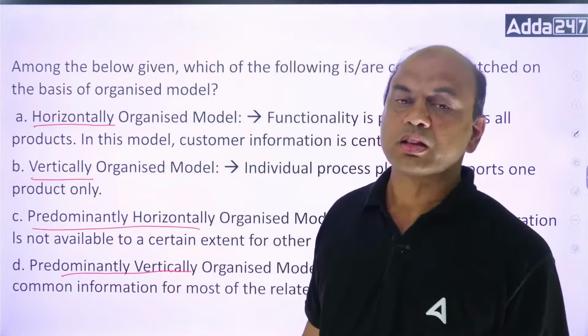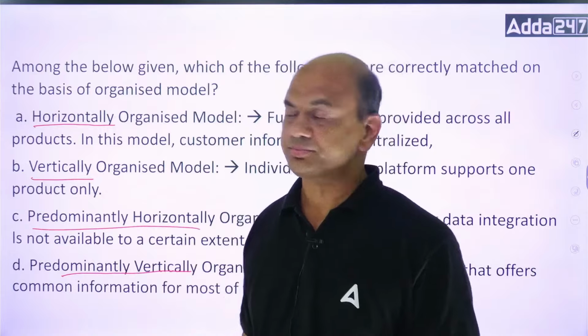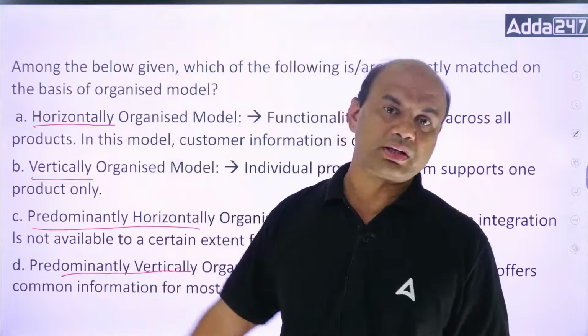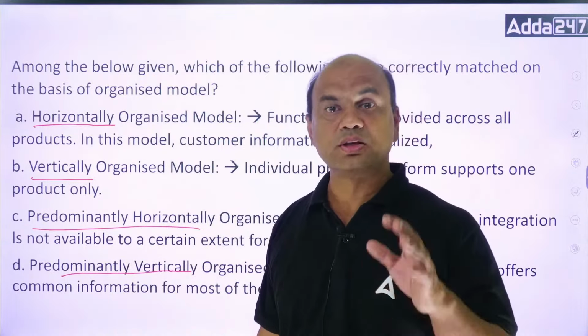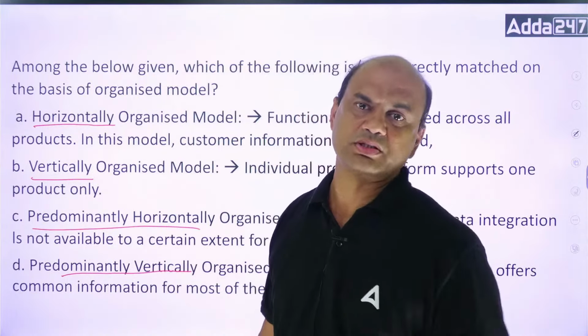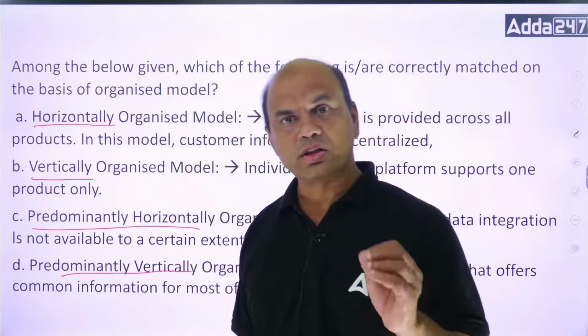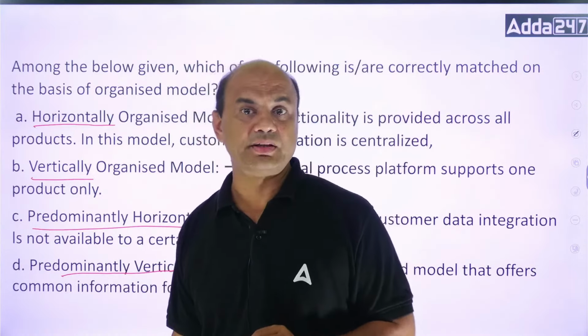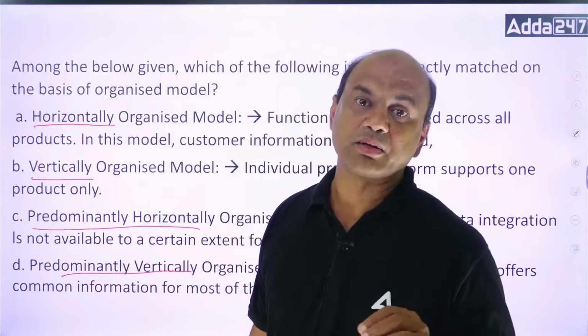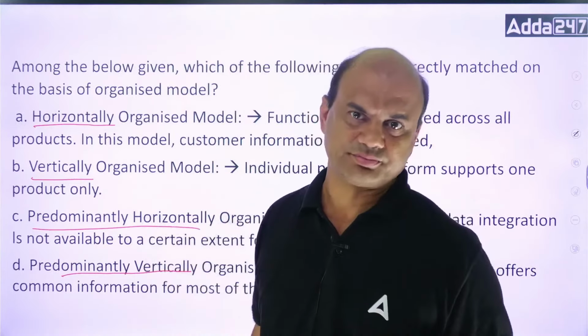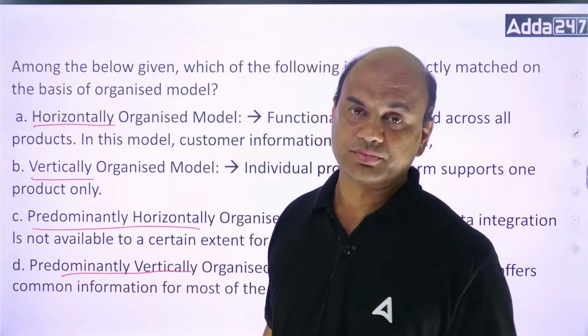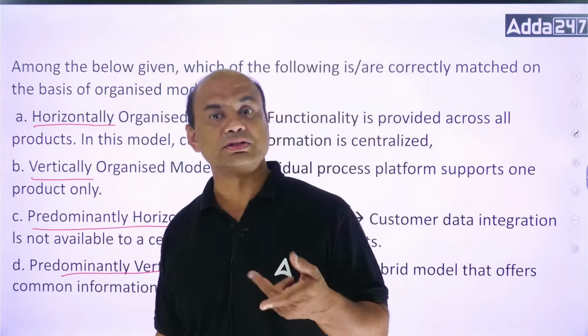One thing you note always, you need to know all the four models. Horizontally organized means basically the data is shared within a single product. Cross product data is not shared.